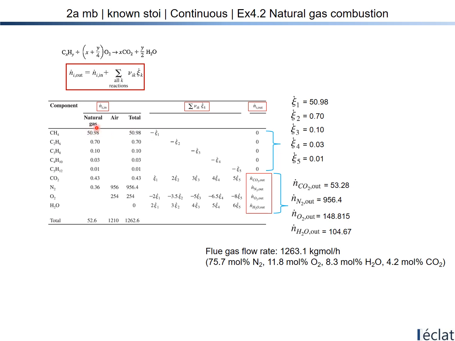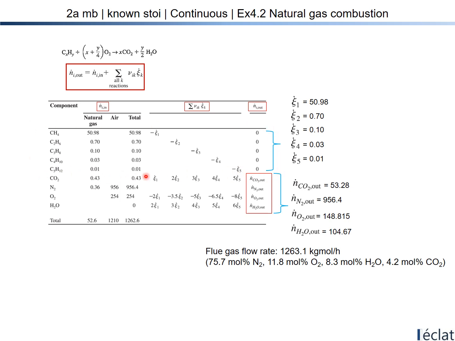So this value plus this value is going to 0 because there are no alkanes found in the output stream from the furnace. This is the first equation for the molar balance equation. For the ethane, in the same way, we have made the mole balance equation. Methane, ethane, propane, butane, pentane. Then we have 5 equations.